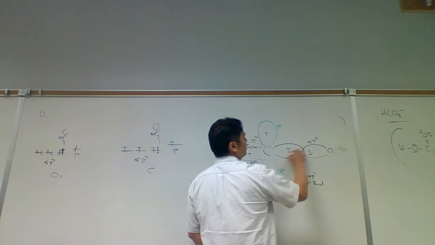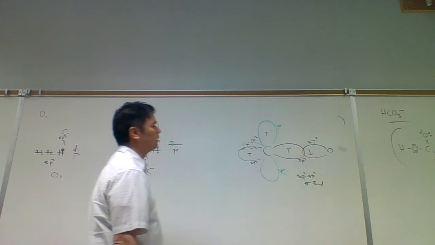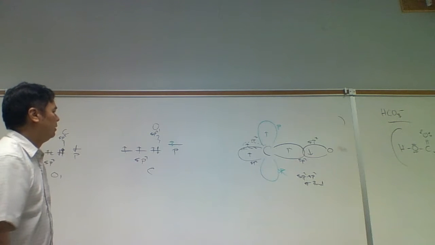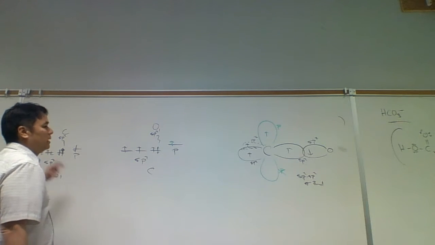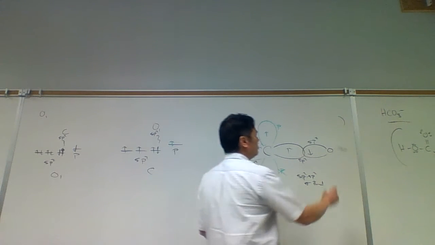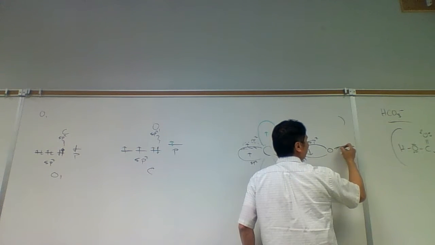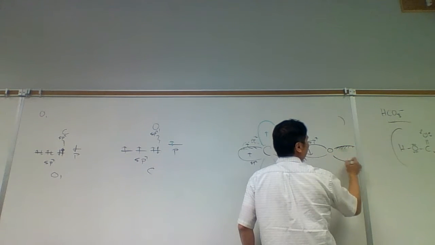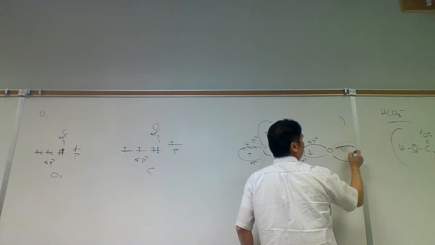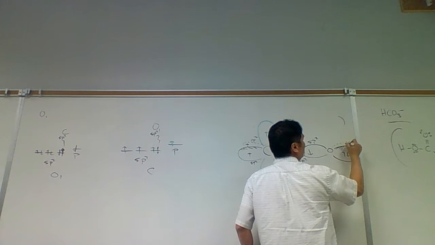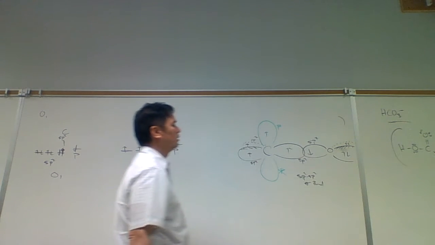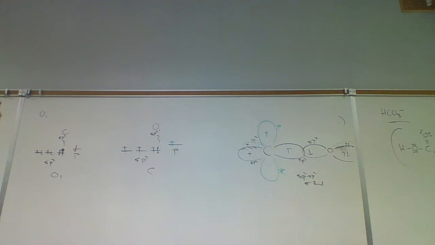And so we got electron density directly in the internuclear region. And then oxygen has 2 lone pairs in the other sp2 orbitals. And so there's going to be one sp2 orbital coming out, this, and then one sp2 orbital going in. And both of these will have a lone pair here. We got 2 lone pairs like that.